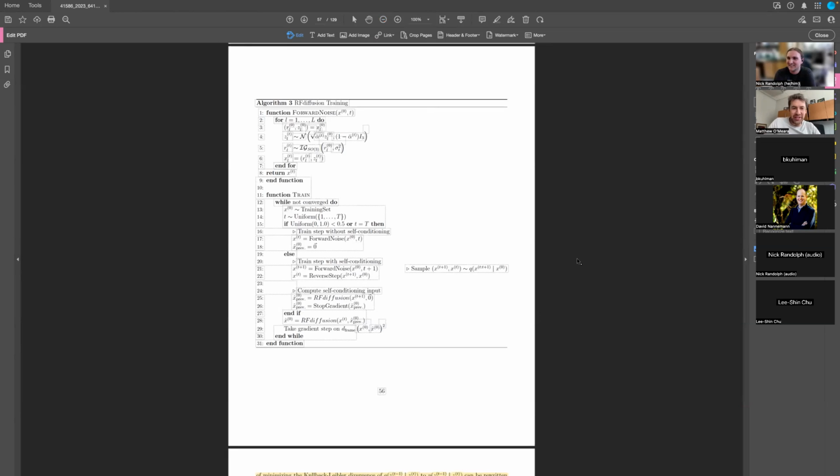Thanks, Nick, for doing such a nice detailed overview of it. It's amazingly productive. RF diffusion works so well in terms of their benchmarking, and I know a number of people in the community have applied it to their own specific tasks.